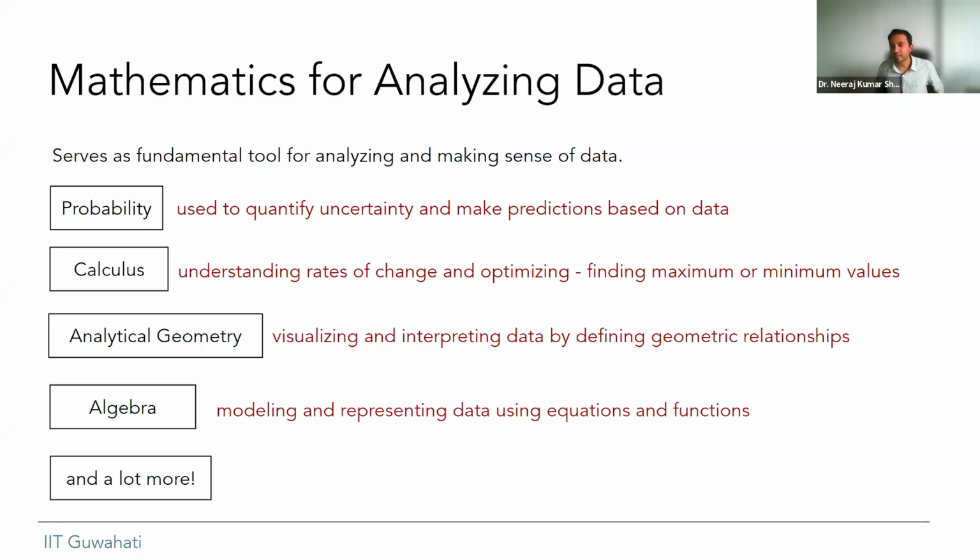Now, why probability, right? You can say, okay, why suddenly is probability coming into data science and AI? So probability is used to quantify uncertainty and also make predictions based on the data, right? So for example, suppose you see cricket, I can ask you this question: what is the probability that RCB would have won the IPL Cup, right?